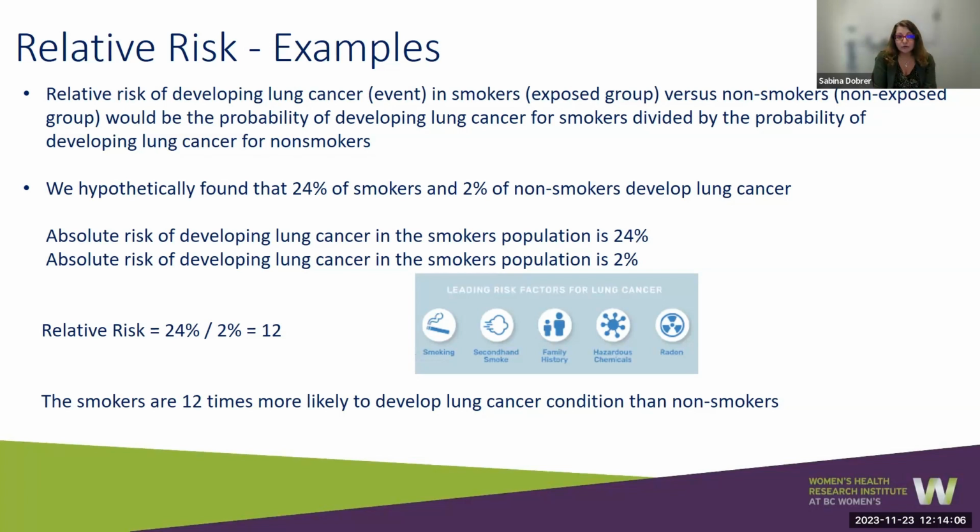So the absolute risk of developing lung cancer in the smoker population is 24, and in the non-smoker population is 2. I divide 24 by 2, and my relative risk is 12. What it means is that smokers are 12 times more likely to develop lung cancer than non-smokers.